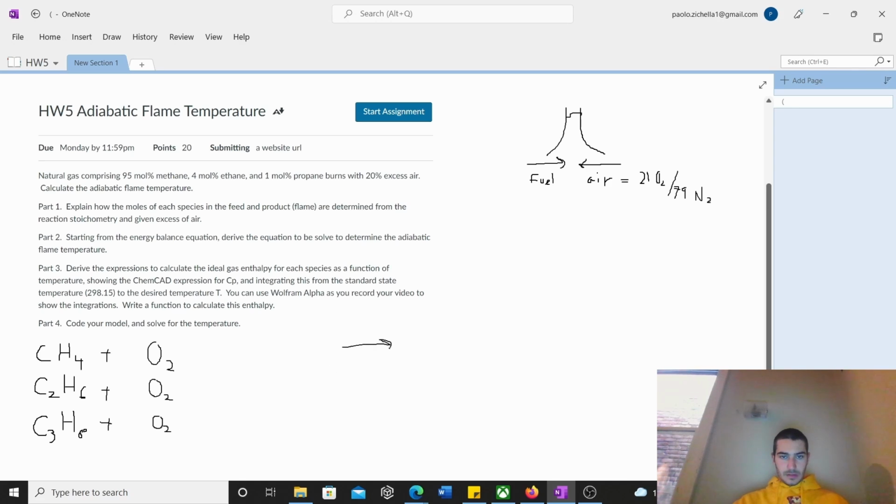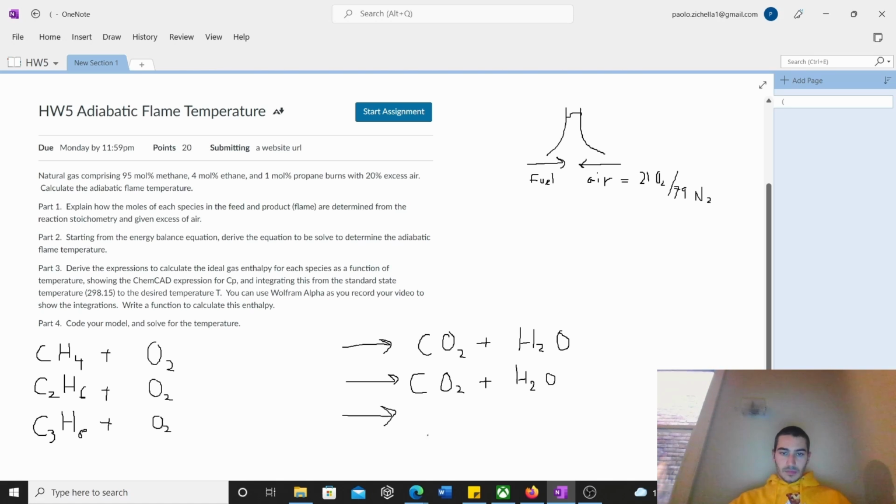And then this leads to the formation of CO2 and H2O. And we have these products for all 3 reactions: for methane, ethane, and propane, CO2 and H2O.